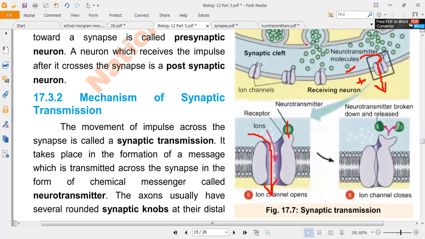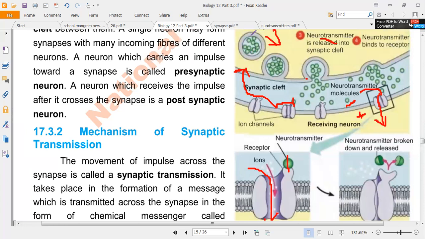Then when they are broken down, they move back inside the presynaptic membrane and the previous neuron. So what happened then? These join again here and form the acetylcholine, and these membranes form these vesicles.